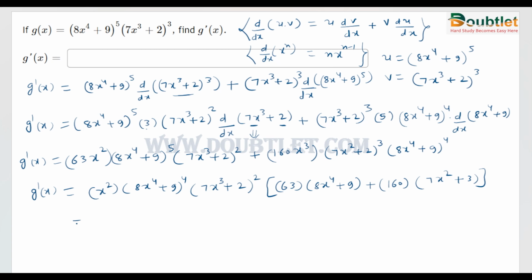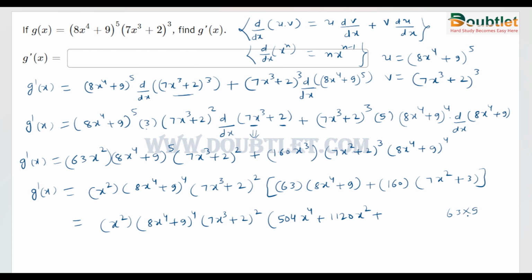So if we solve this, we can write it as x^2 (8x^4 + 9)^4 (7x^3 + 2)^2, and if we multiply and add these terms, it will become 504x^4 plus 1120x^3, and now we need to add these constant terms.